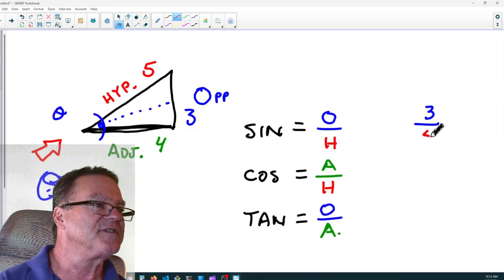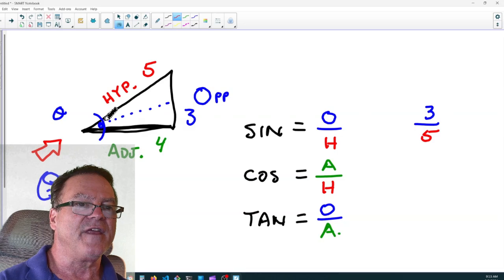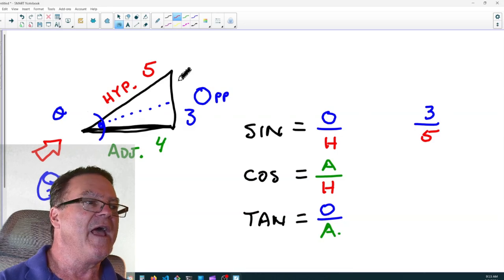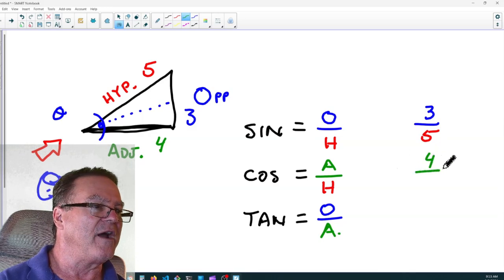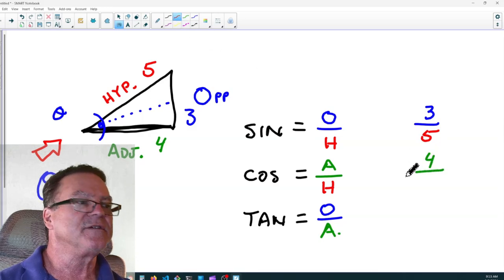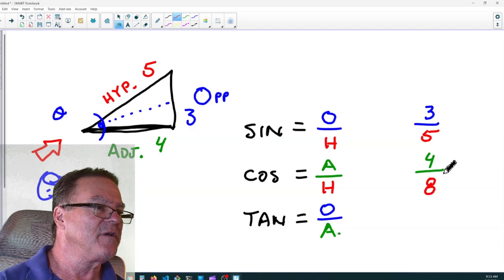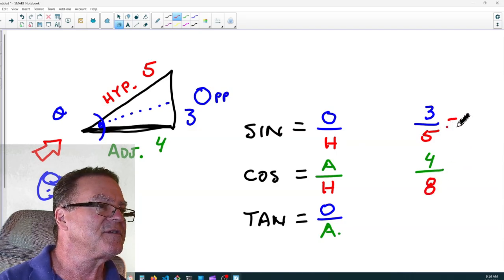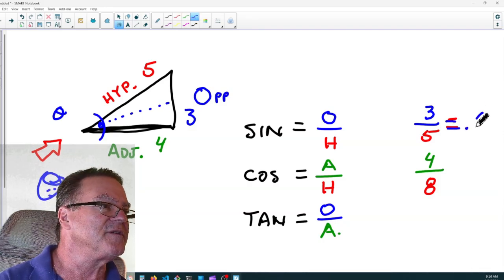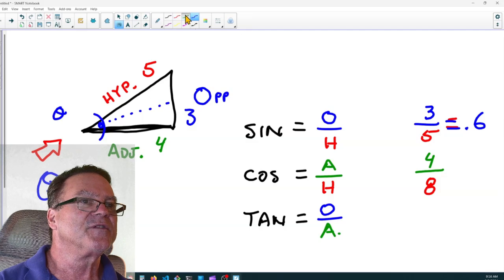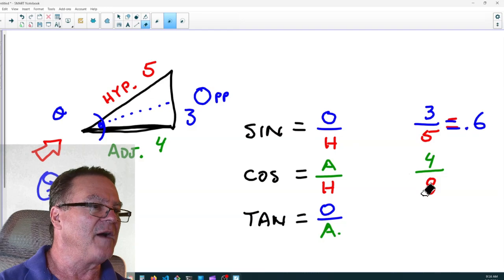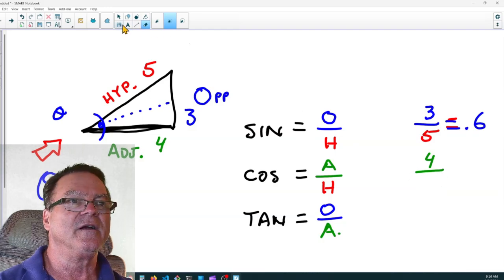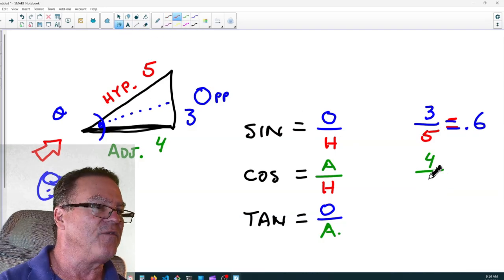That would be my sine for this theta right here, equals 0.6. And my cosine would be 4 over 5.